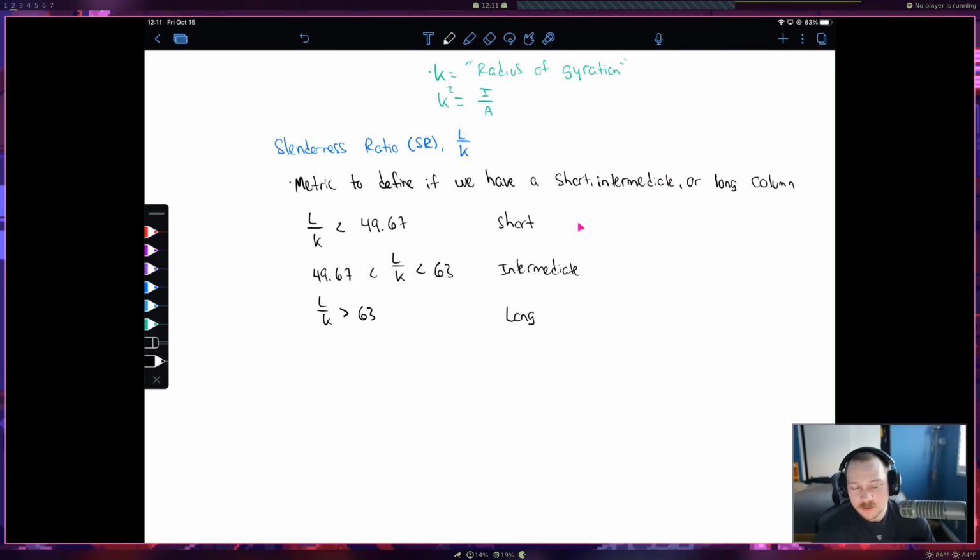Okay, and then a long column is when L divided by K is simply just greater than 63.